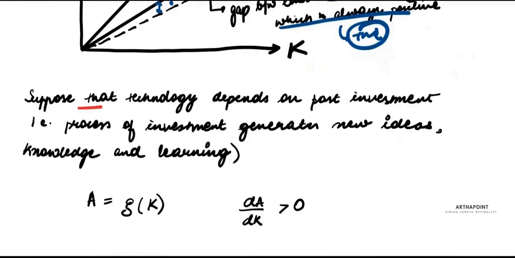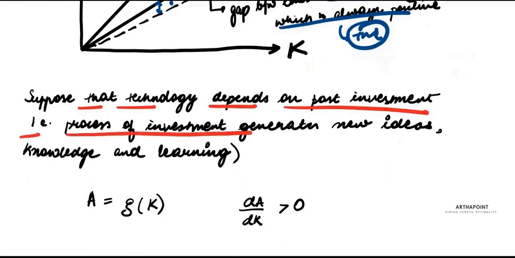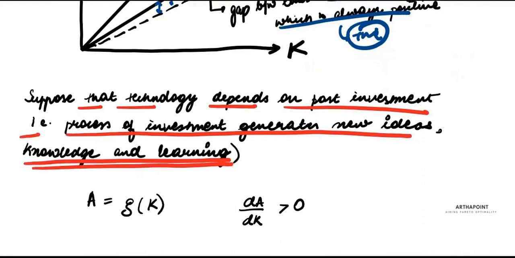So suppose that technology depends on past investment. That is, the process of investment generates new ideas, knowledge and training. Now, please see here that we have started making technology an endogenous process. We are trying to define the technology and the growth of technology endogenously. Unlike the Solow model, where we stated that technology is going to grow at the rate g, but why it is going to grow was not defined.